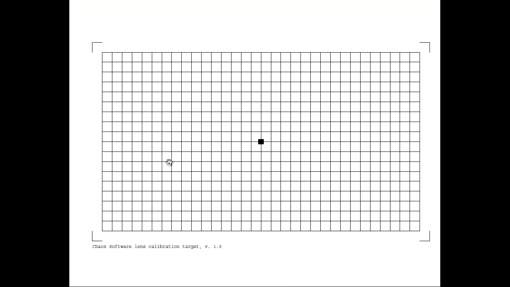I'll put this to full screen, and you can either print this out, but it also works pretty well just shooting it straight off your monitor with your lens and your camera.